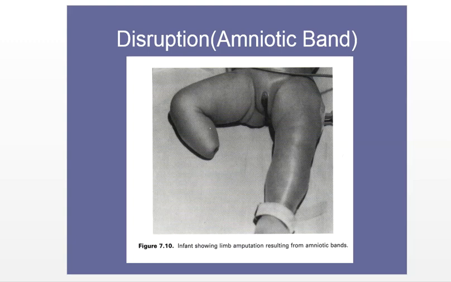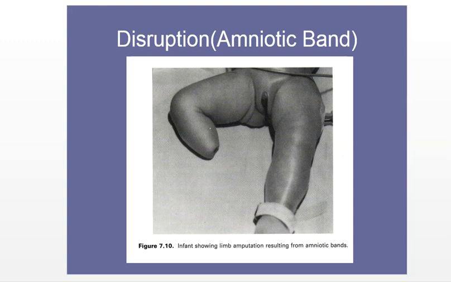Both conditions are associated with an increase in incidence of birth defects. Primary causes of hydramnios include idiopathic cases, maternal diabetes, and congenital malformation, including central nervous system disorders and gastrointestinal defects that prevent the infant from swallowing the fluid.